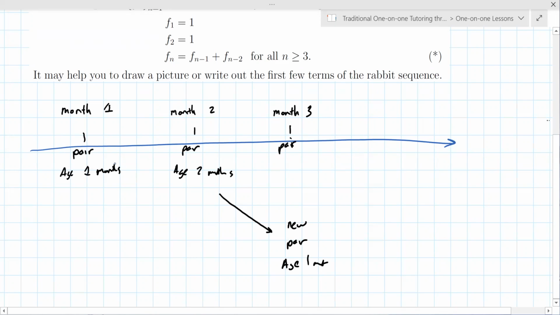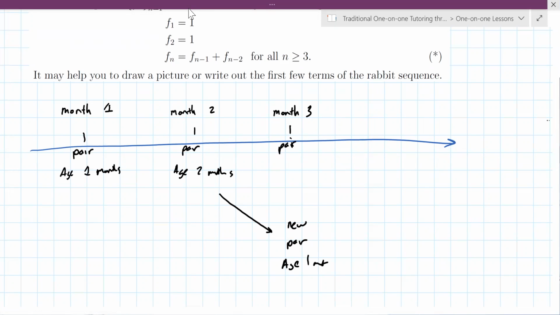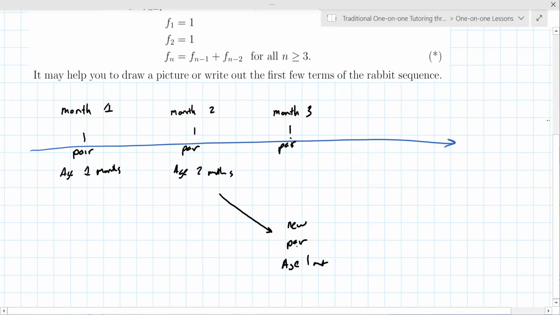But then their first offspring in month 3, they're 1 month old. But then this new pair is now age 2 months here, so they are ready to reproduce.